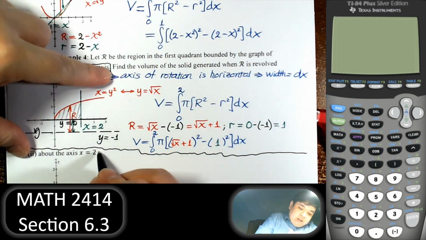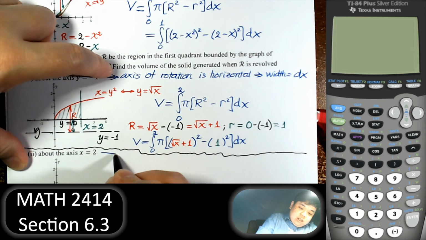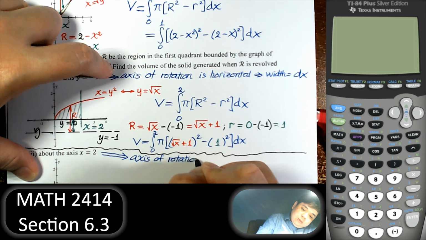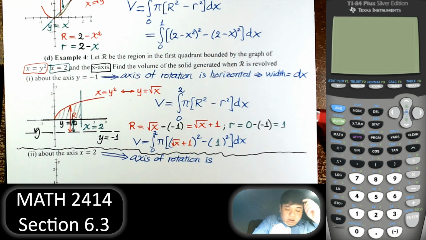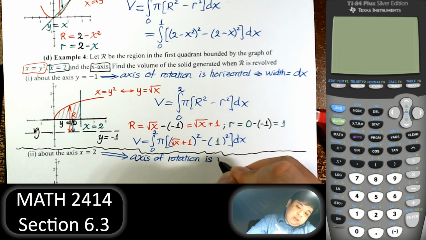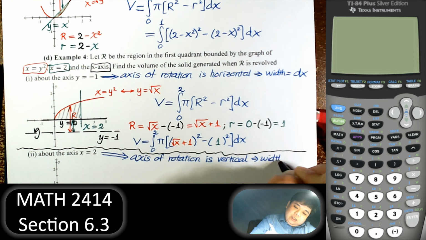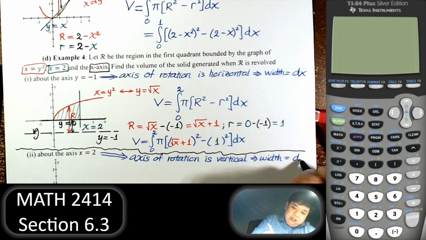This one we have x equal to 2, so that is the axis of rotation. It is vertical. So the width is equal to dy.